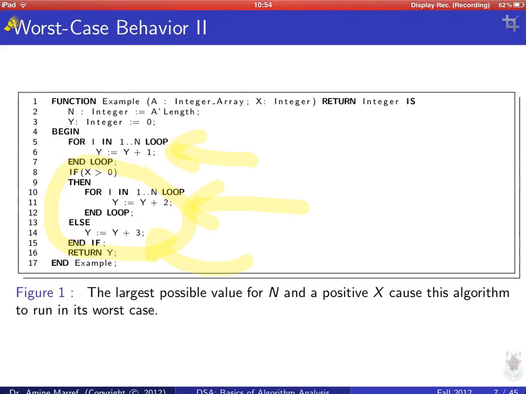If n equals 3, then it should give us the sum 1 plus 2 plus 3, which is 6. If n is 4, then it should give us 10: 1 plus 2 plus 3 plus 4 equals 10. Okay? So we want to write an algorithm that will give us this kind of sum.